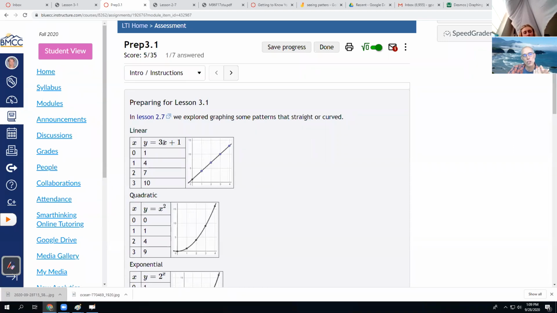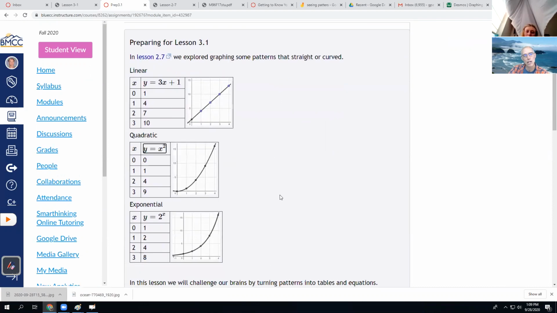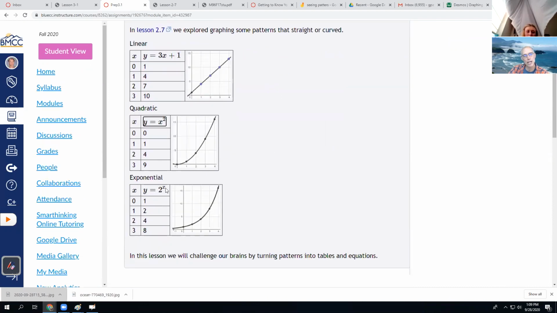If it's just an x with no powers, the points should line up. If there's a square in it, it's going to give you this curvy shape here. And if there's an x in the power instead, then you get a slightly different curvy shape. It's hard to tell the difference between the first and the second one here, so that is a little bit tricky. But what I could do is go to a graphing calculator.